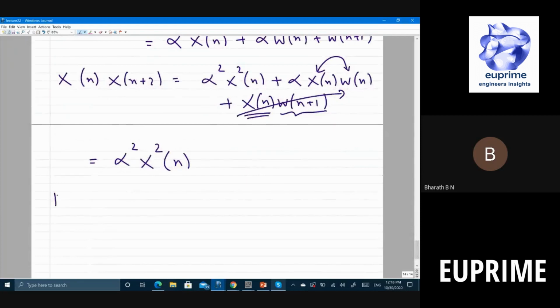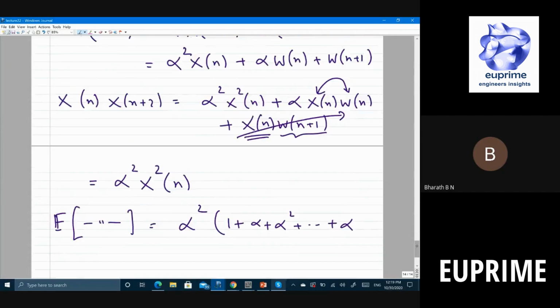So now the expected value of this whole thing will be alpha squared times expected value of, well, we can take the expectation in and write this.